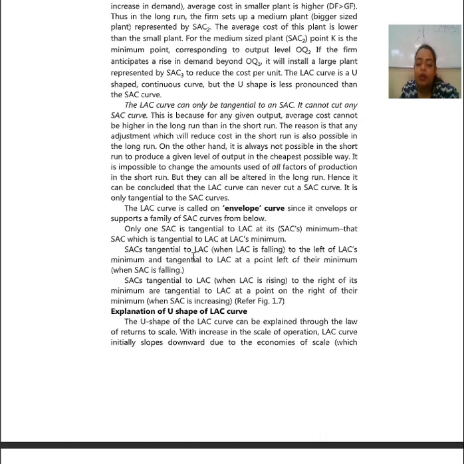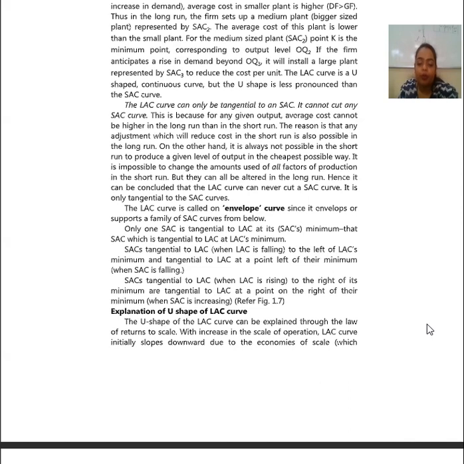SAC is tangential to LAC at a point left of its minimum when LAC is falling, to the left of LAC's minimum, when SAC is falling. SAC is tangential to LAC at a point on the right of its minimum when LAC is rising, to the right of its minimum, when SAC is increasing. So, refer to figure 1.7.